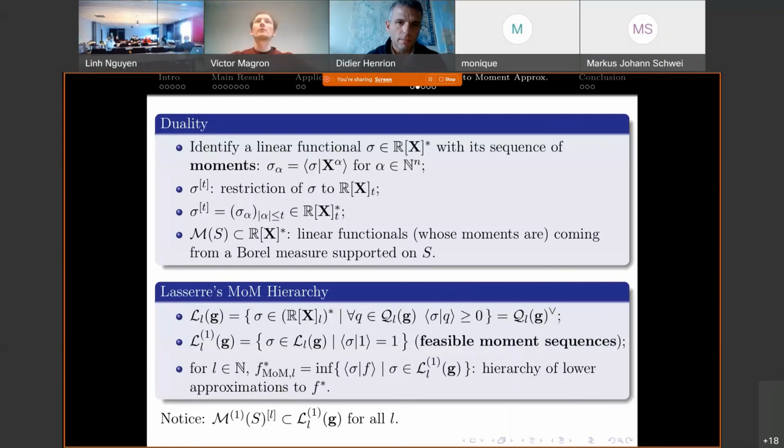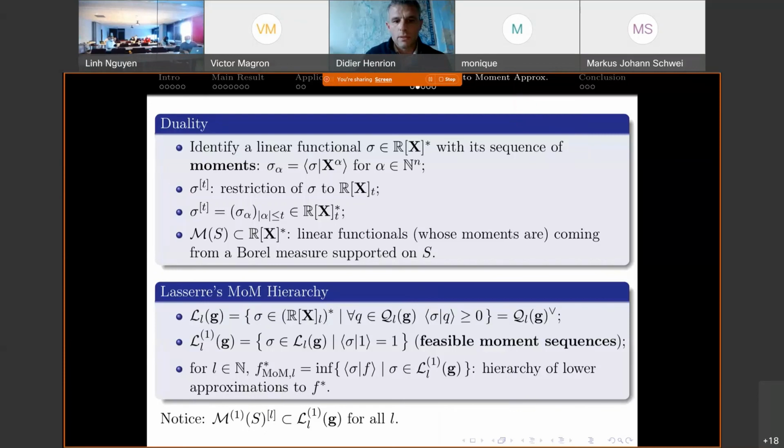Can I say something about that? So any other questions? May I say something about your comment, Didier? Moments here are used in a very general way. There are moments which appear in different contexts, not necessarily directly connected to measures. For you, moments are moments of measures.